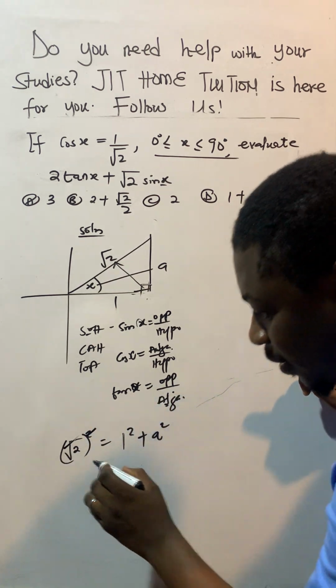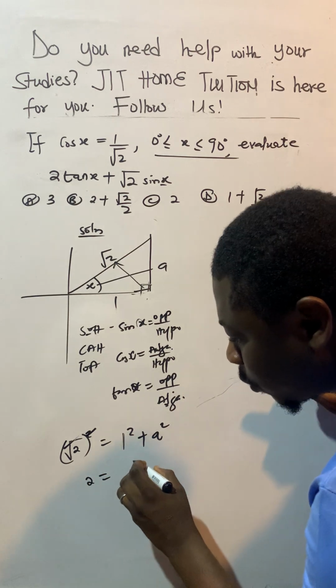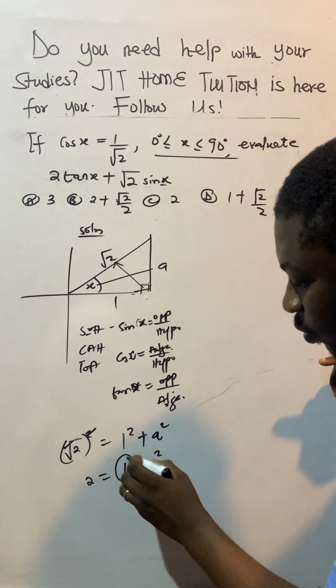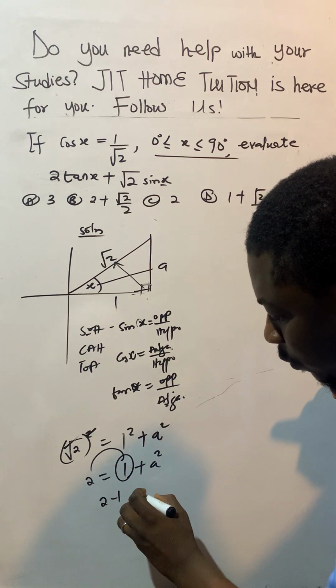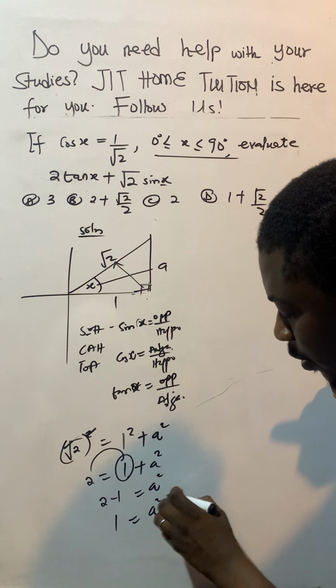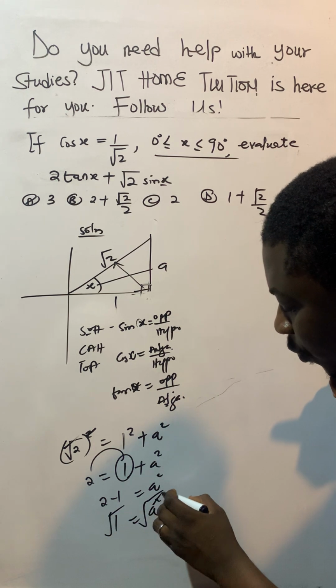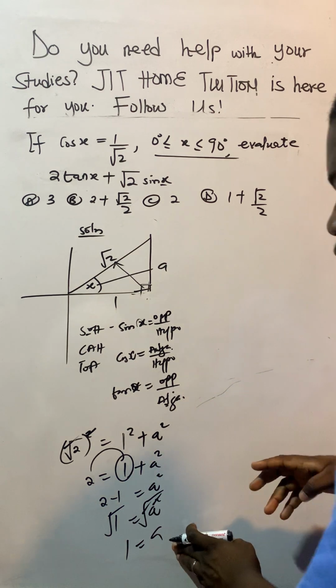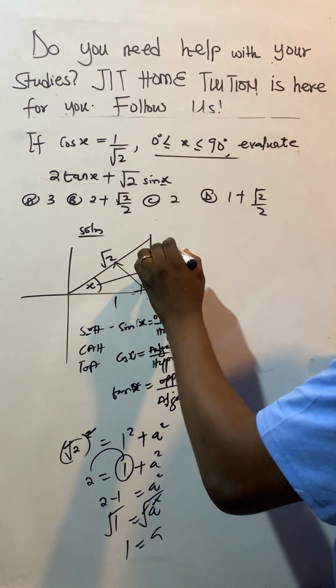So you have 2 equal to 1 squared, which gives you 1 plus A squared. So this 1 will move to this side, giving you 2 minus 1 equal to A squared. So you have 1 equal to A squared. Take square roots for both sides. Now the square root of 1 is 1, meaning that A is equal to 1. So this side is 1.